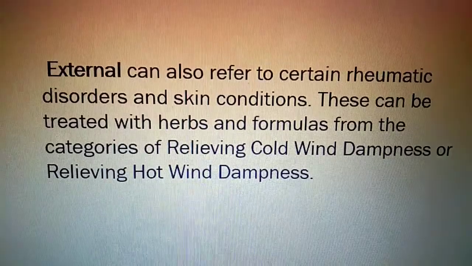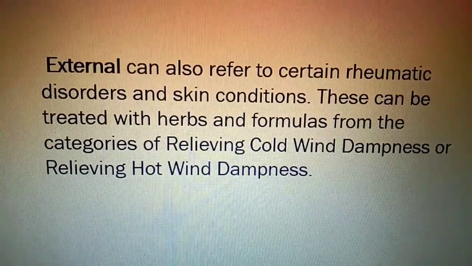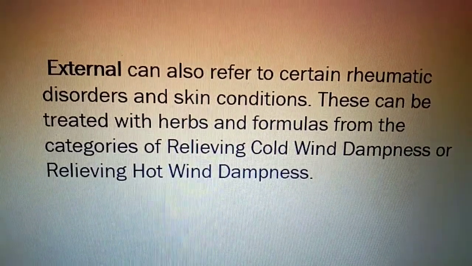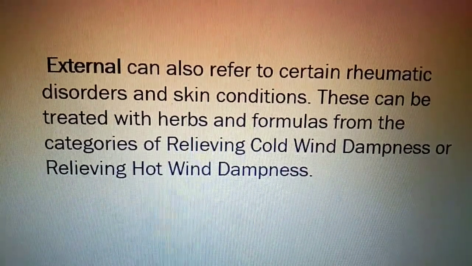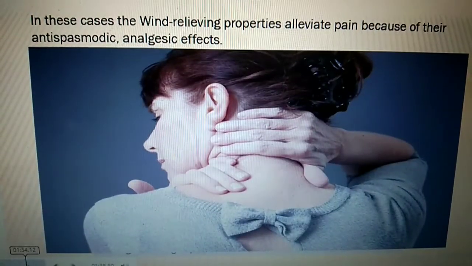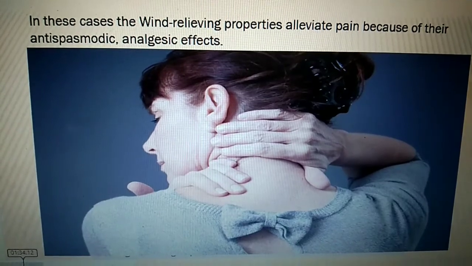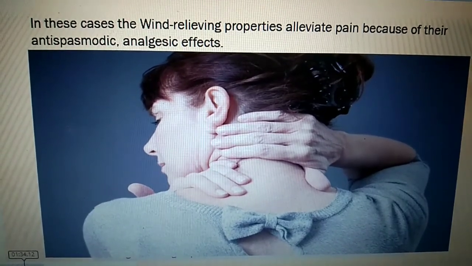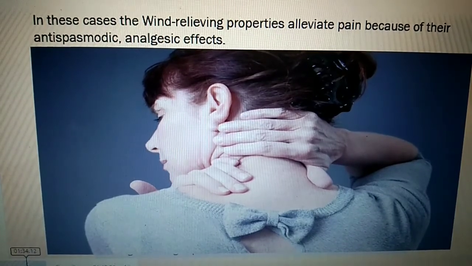These can be treated with herbs and formulas from the categories of relieving cold wind dampness, or relieving hot wind dampness. In these cases, the wind relieving properties alleviate pain because of their antispasmodic analgesic effects.